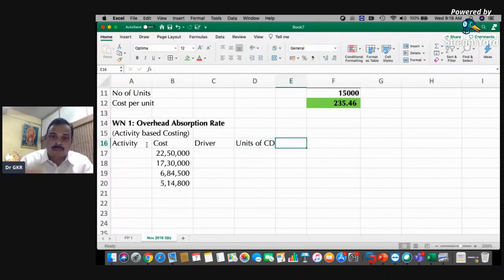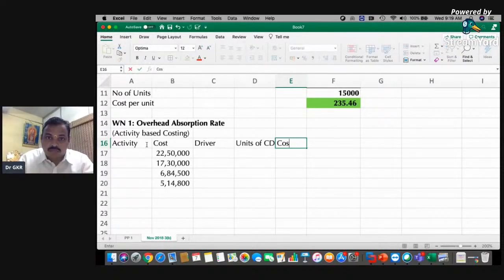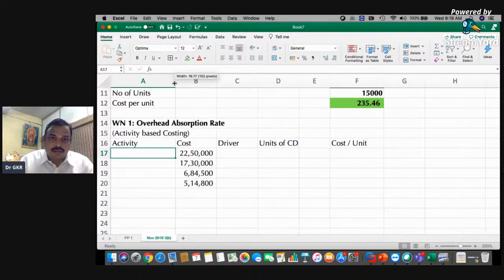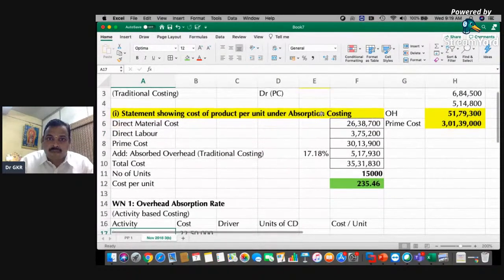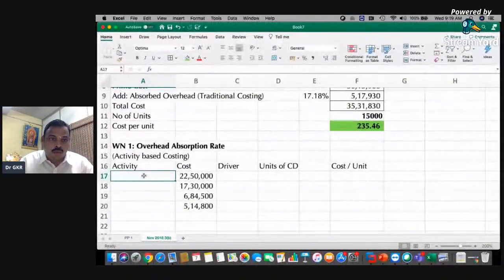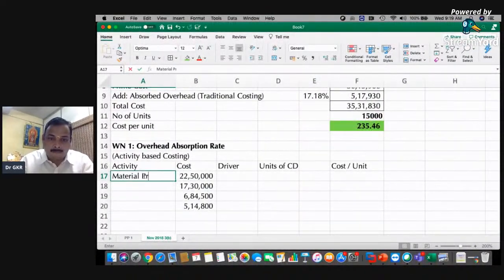What is the cost per unit? That's it. So what is your activity, guys? Your activity is material procurement.